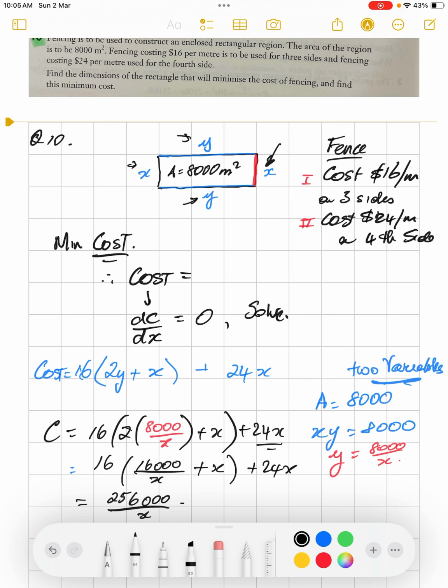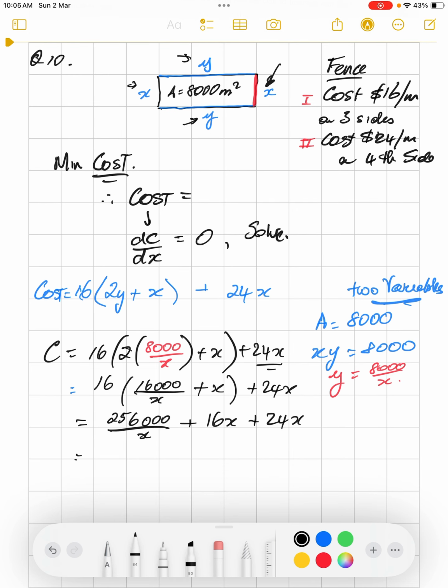And so we've got 256,000 x to the negative 1 plus 40x.